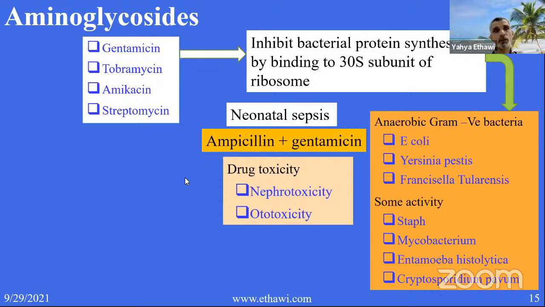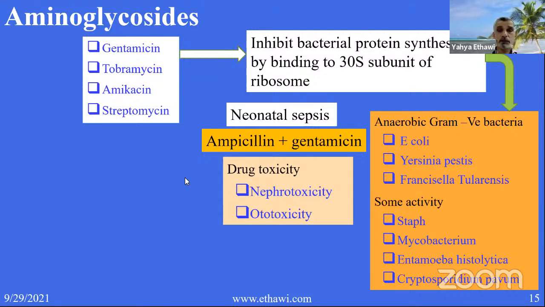So if you have a baby born indoors or who came from the labor room, the best is ampicillin gentamicin. But if you have a baby at 7 days admitted from outside, then the best combination is using amikacin, not gentamicin. Tobramycin is very good for local use, such as conjunctivitis, and streptomycin we can use for mycobacterium.